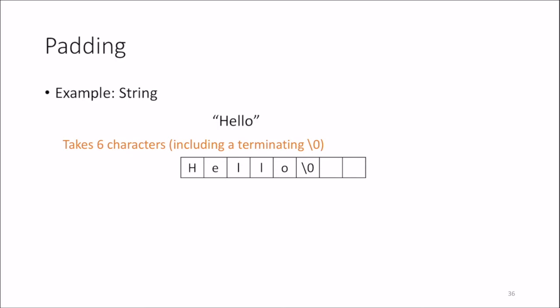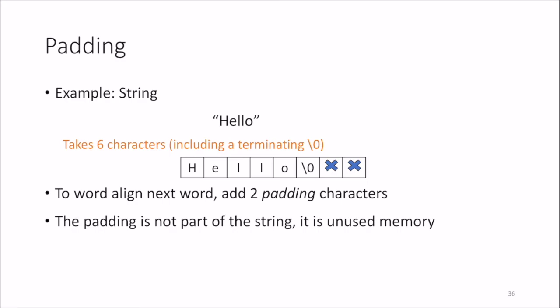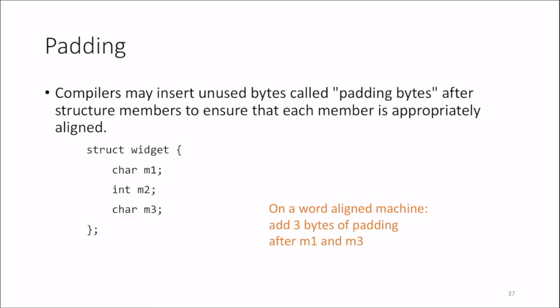So here's an example where there's a string. It takes 6 characters, including the terminating null. Now, if I was to store this in memory, I need to make sure that there are 2 additional padding characters, so that the entire string fits exactly at the word boundary and you don't end up with the penalty for being misaligned. So most compilers insert unused bytes called padding bytes.